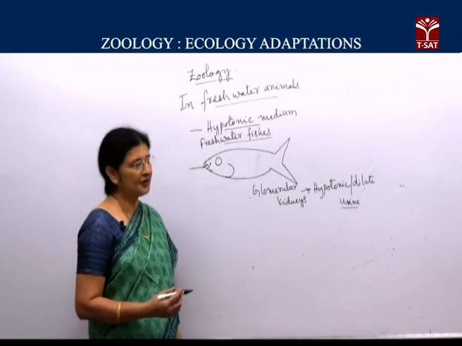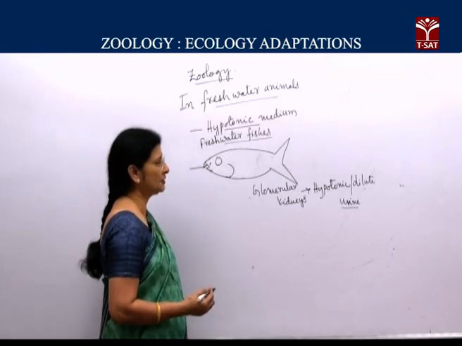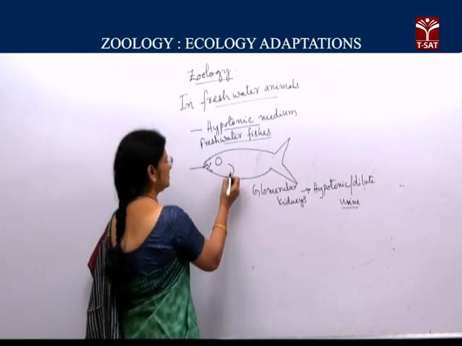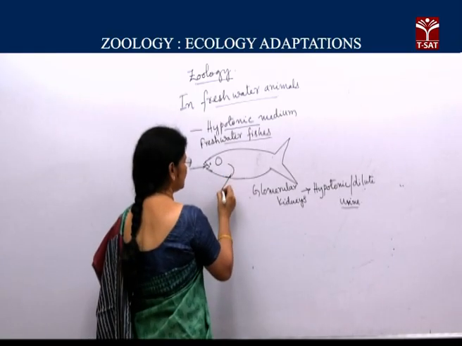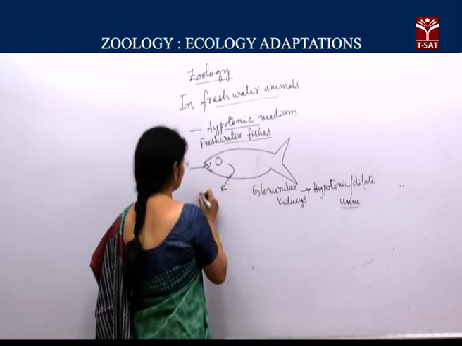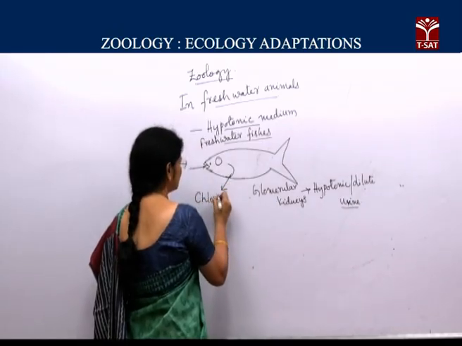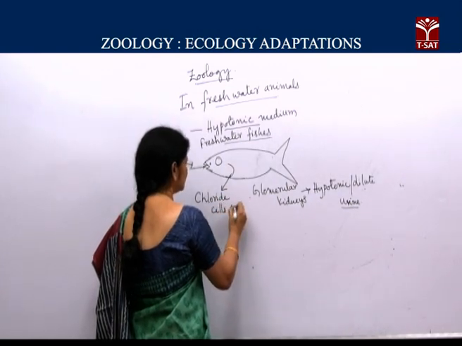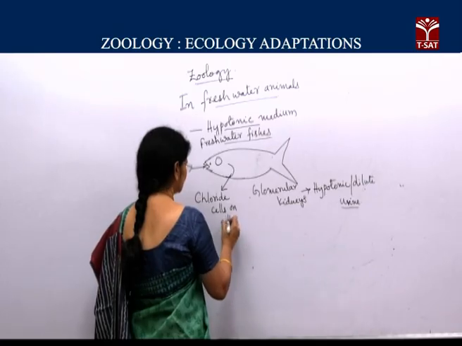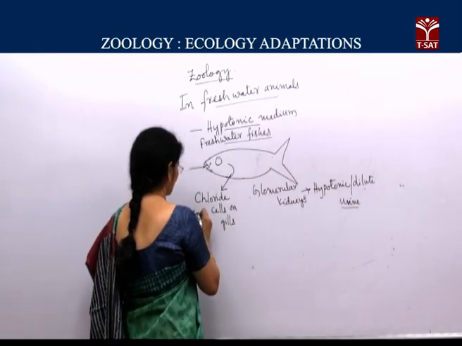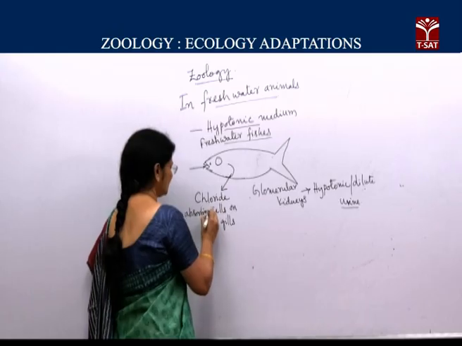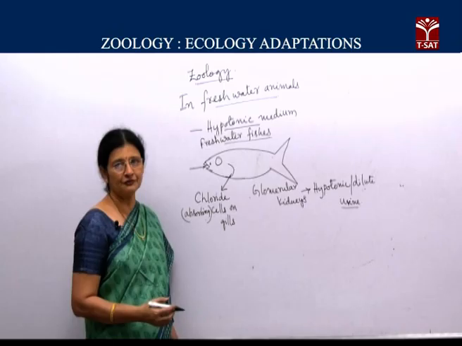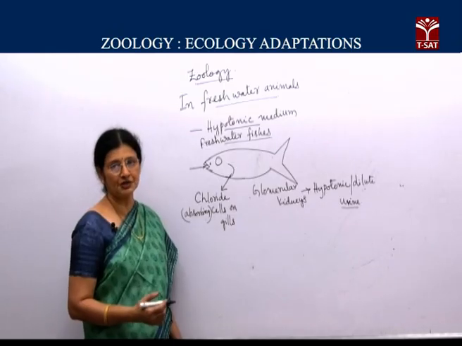kidneys. But as they are losing water, they are losing salts also. So, they have some special type of cells present on the gills. Those cells are called chloride absorbing cells. These chloride absorbing cells absorb the salts from surrounding water.